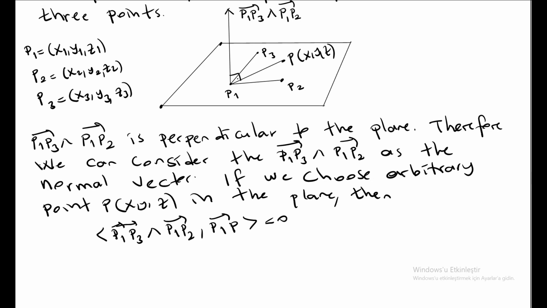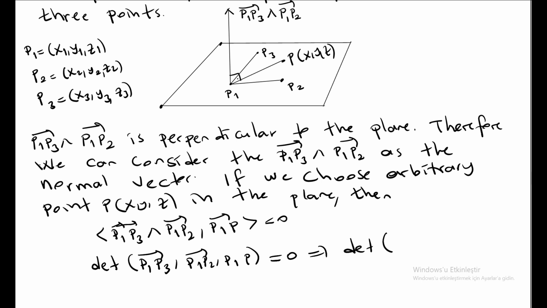So what does it mean? If you look at this one, this is the mixed product, right? Because there are a cross product and an inner product. So this means you have the determinant of P1P3, P1P2, P1P, and we know that this is also equal to the determinant of P1P, P1P3, P1P2. Or I can change this, because the right side is 0, so I can write P1P, P1P2, P1P3.